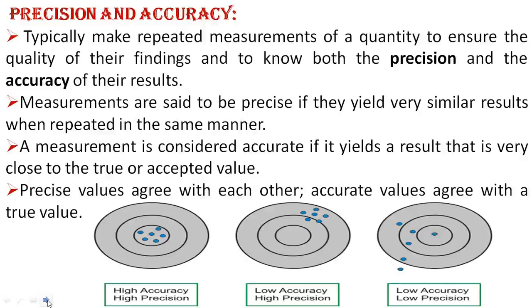In the second diagram, the observations are far from the expected value, but they are close to each other. So there is low accuracy and high precision. In the third diagram, some observations are near the expected value, but some are far from it, and the observations are not close to each other. So we say there is low accuracy and low precision.